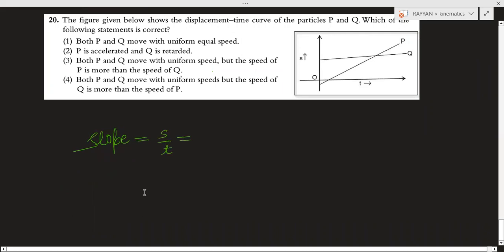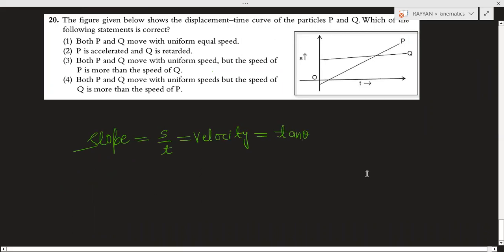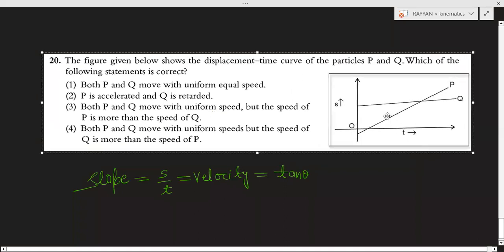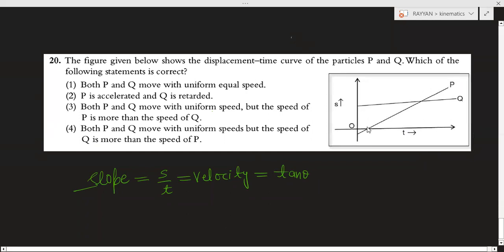It is equal to velocity. And this is also given by tan of theta. Now, for this graph, there is one graph Q, and there is one graph P.